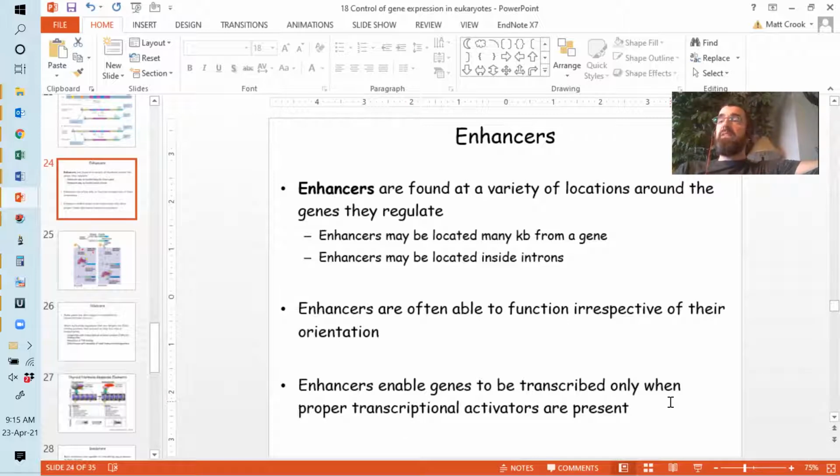These are sequences of DNA that are recognized by specific proteins, transcriptional activators, transcription factors. And those proteins in turn have their expression controlled by other elements.